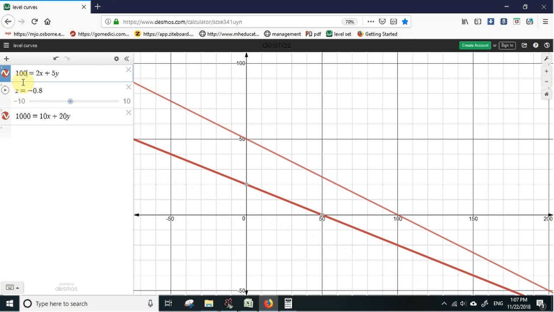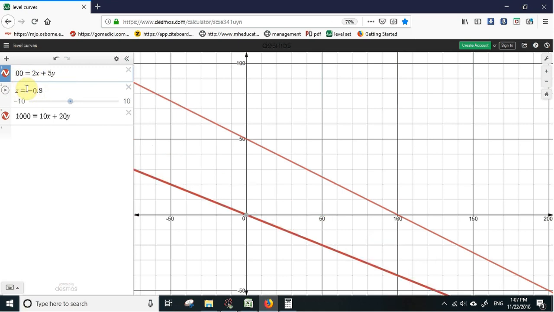If I spend all the budget on the X commodity only, I can purchase 1000 divided by 10, which is 100. So my utility will be only 200.